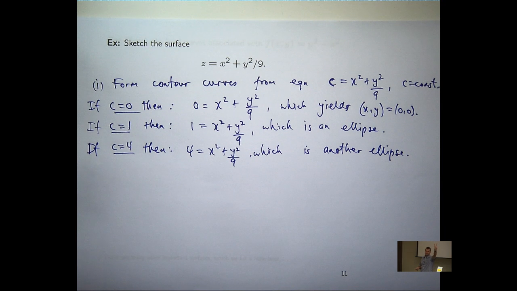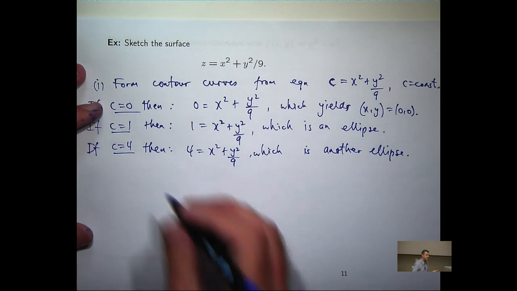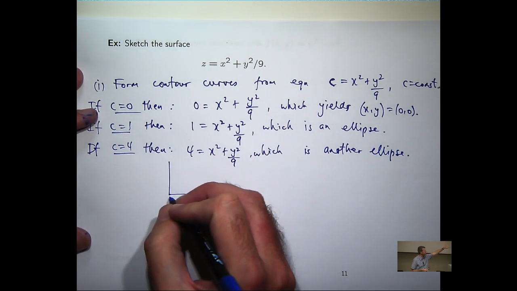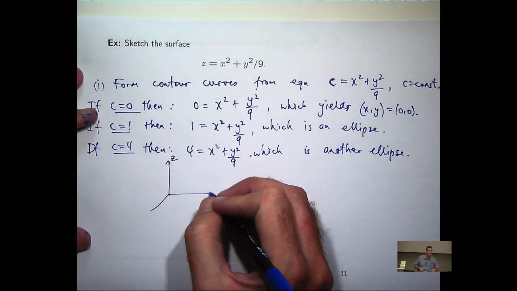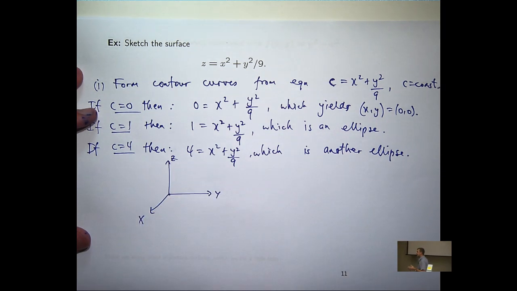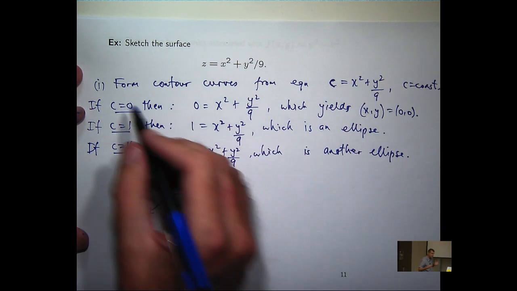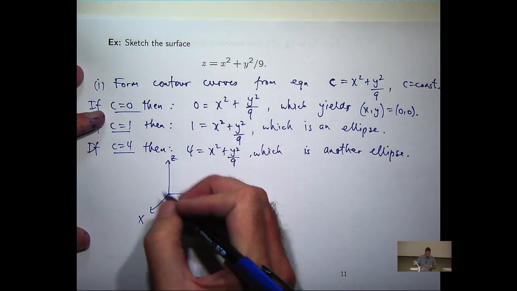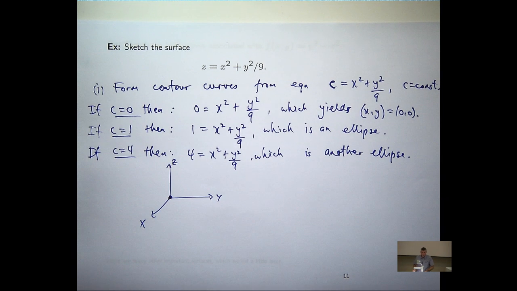So let's actually draw in some of these curves and see what's happening. All right, so when c equals 0, I'm in the xy plane and I get the point 0, 0. So that's not very exciting.